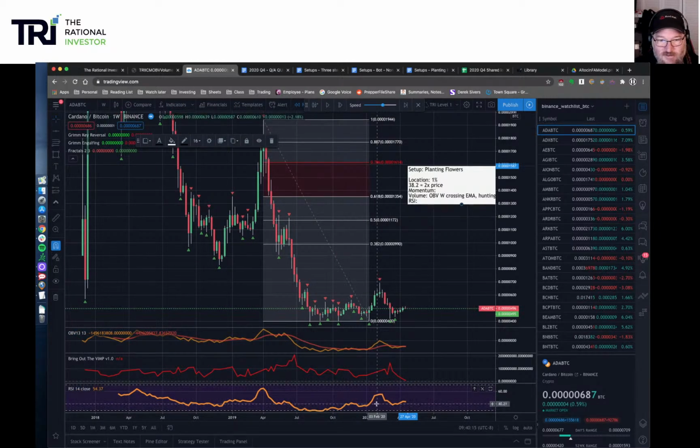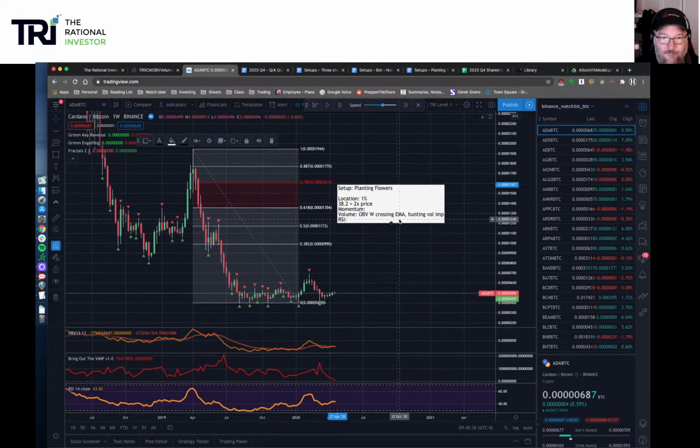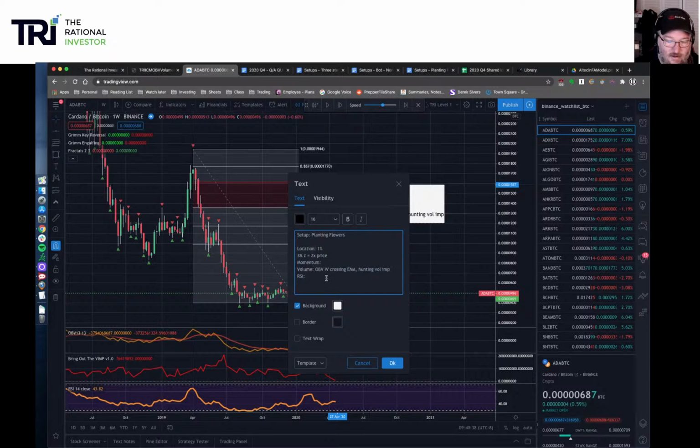It's not the strongest divergence in the world. I want to see lower lows in price and higher lows on the indicator. Man, I don't know if I could call that divergence. I guess we don't really have that either, unfortunately. So I'm gonna have to say hunting in here.